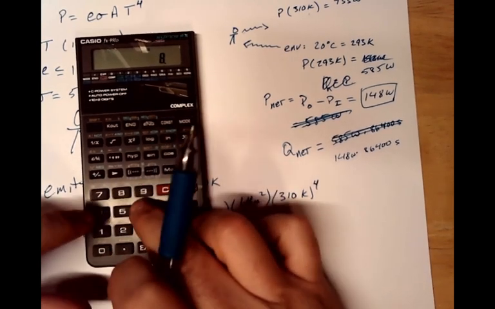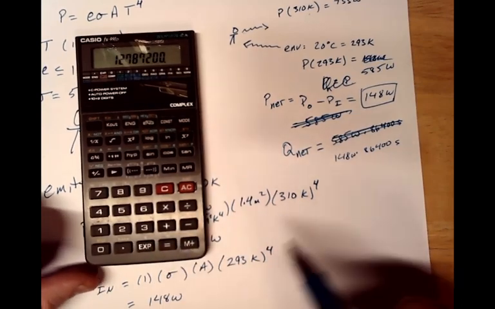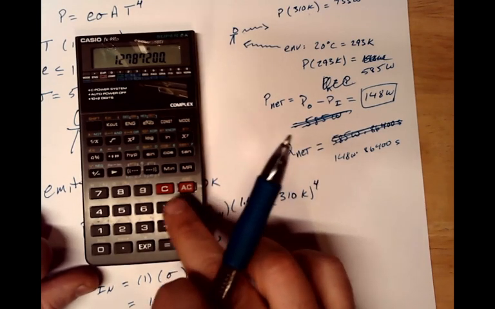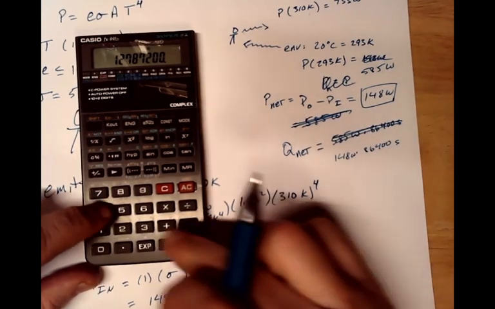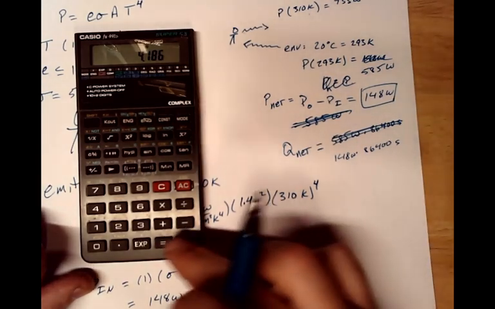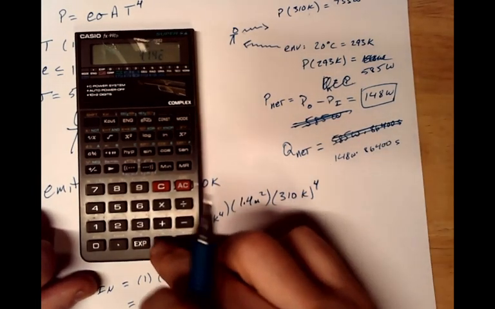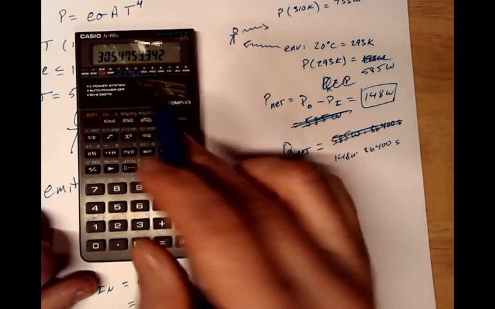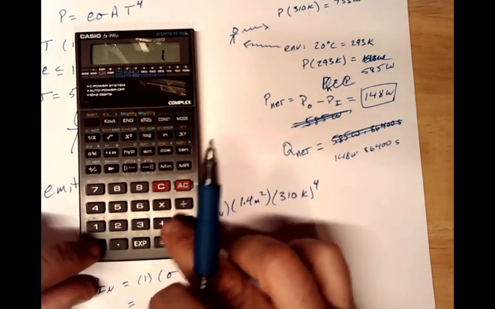So first off, we can convert this to calories. We divide by 4.186 to go from joules to calories. And then we divide by 1,000 to go from calories to kilocalories.